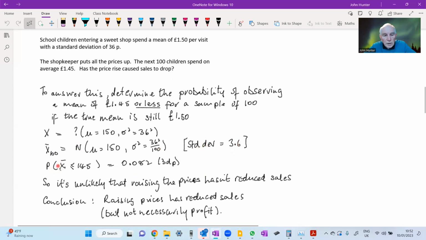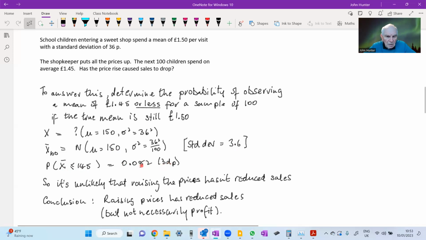So what, therefore, is the probability that this X bar would be 145, given that it's got a mean of 150 and a standard deviation of 3.6? I can pull the calculator out and put the numbers in again, but basically that will come to 0.082 to 3 decimal places.